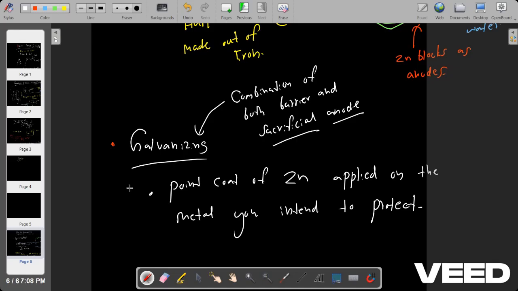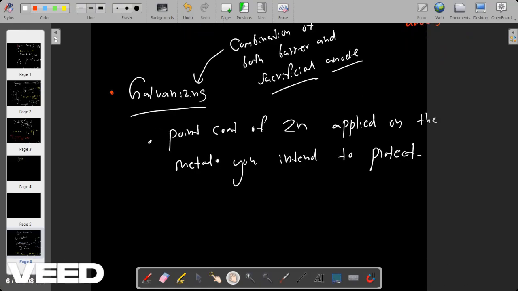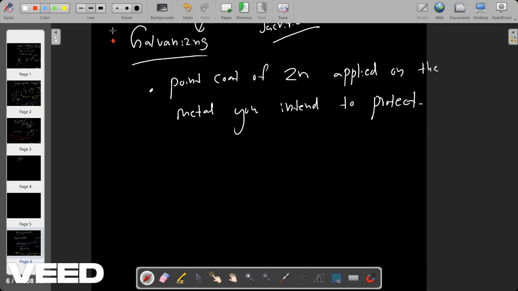But it is expensive, right? Now, what is the advantage? Even if it is scratched, the protection is still there.